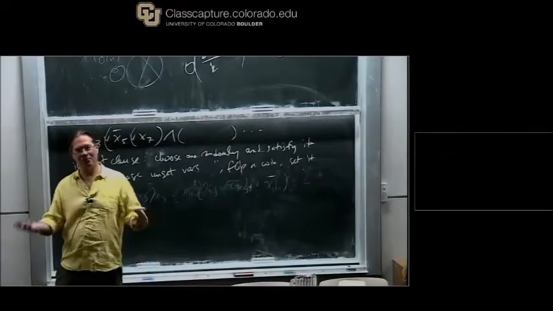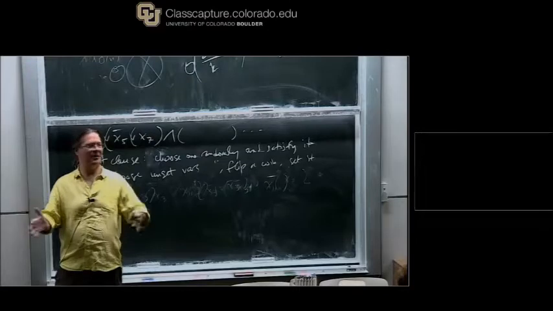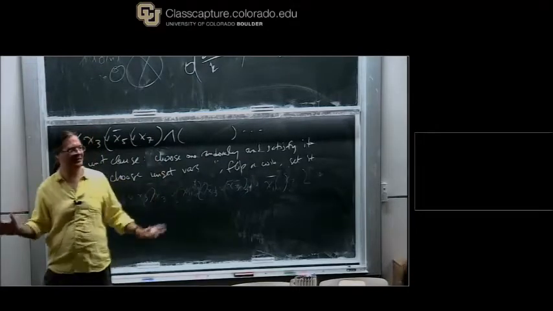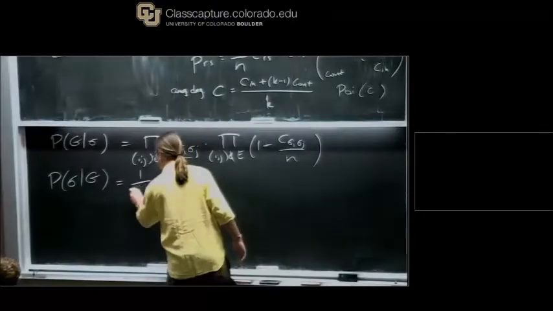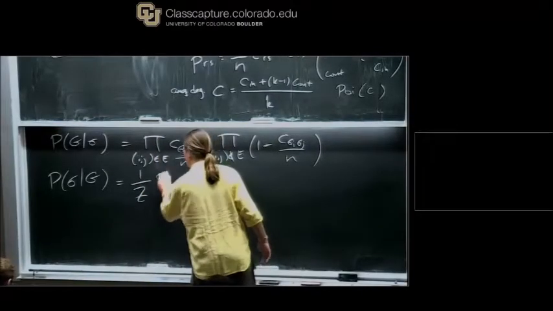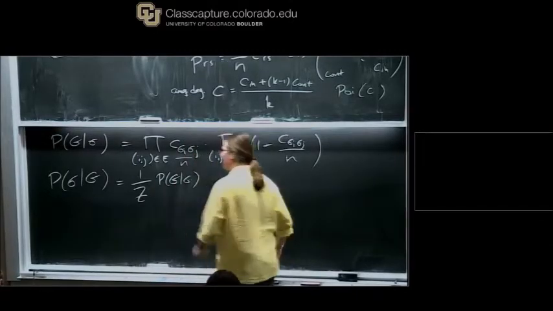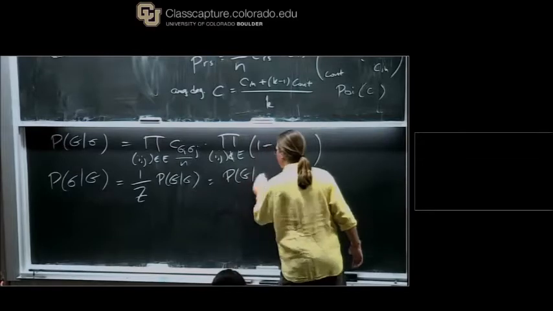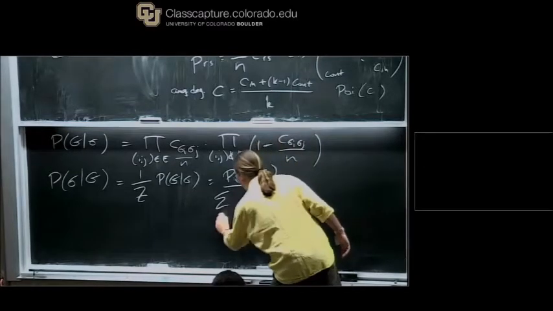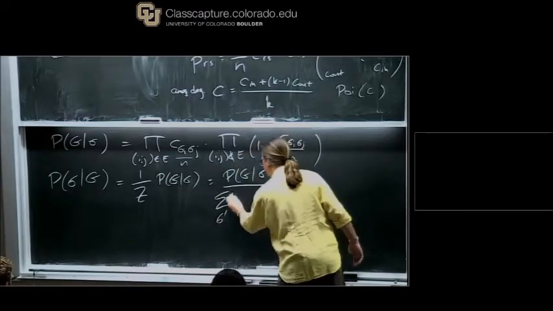Normally, in Bayes' rule, I would have to multiply by the prior, but I don't even want to do that today. The point is that this is just 1 over Z times this. In other words, it's just this normalized. Z is a partition function.